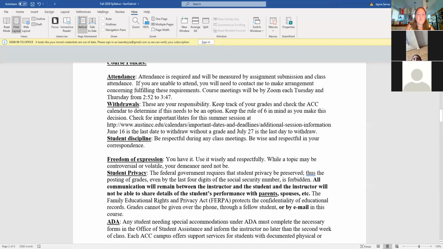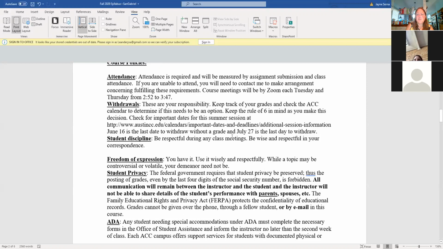Okay. Withdrawing, if you drop the class, that's up to you. I'm not involved in that at all, and I need to change the withdrawal date. I'm so sorry. So I'll change the withdrawal dates. They typically are about two-thirds of the way into class after you've had about two-thirds to three-quarters of your grades.